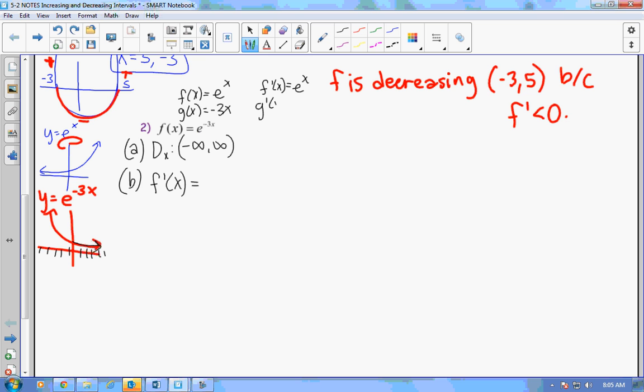And the derivative of negative 3x is negative 3. So who can tell me the derivative of e to the negative 3x? We have e with its stuffing, negative 3x, times the derivative of g, which is just negative 3. And it looks a little prettier if you put it in the front. Yep. Okay.